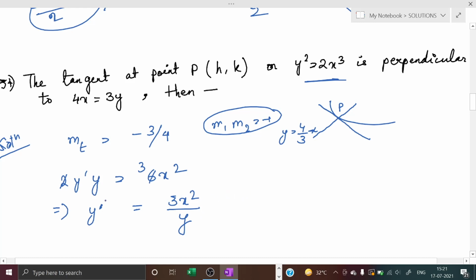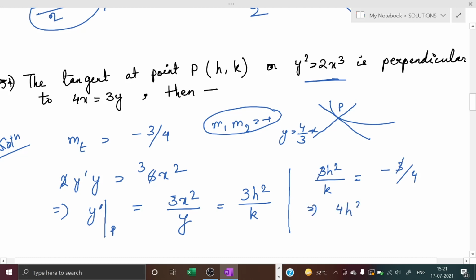At that particular point P, it will be equal to 3h square by k. Okay, so this is one equation, and this is equal to the slope of the tangent that we found, that is minus 3 by 4, right? So we get 4h square equals minus k.